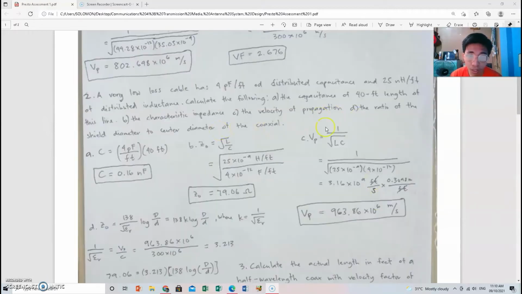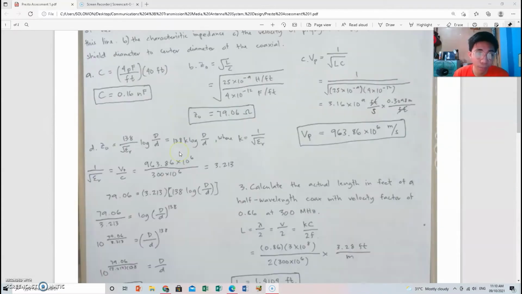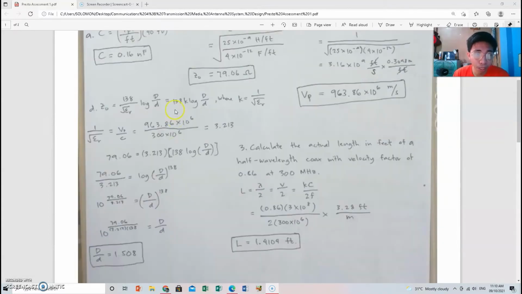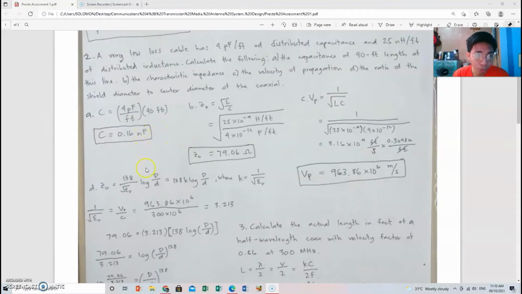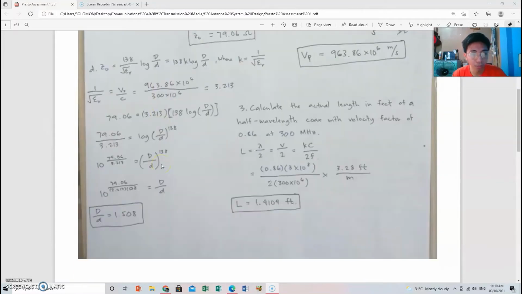And lastly, the ratio of the shield diameter to center diameter of the coaxial. So we have the following formula in terms of the ratio. This is the ratio that we are talking about. So this is the shield diameter, the big letter D, and the center diameter is the small letter d.